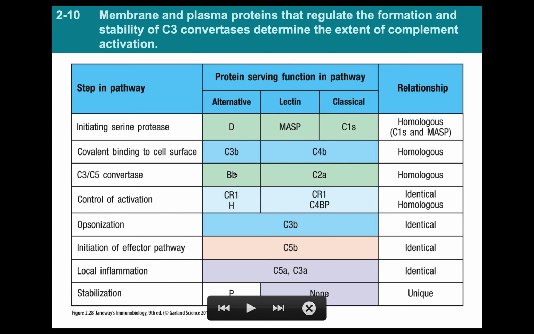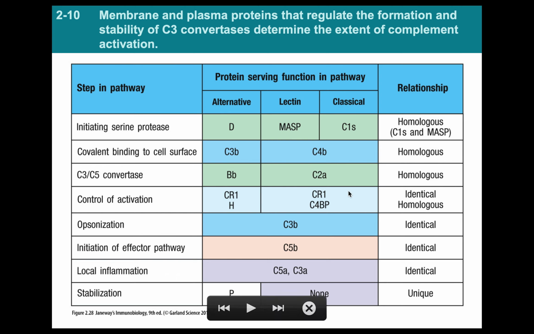The convertase is then going to be, we're going to bind B, which is going to be activated by D, or we're going to bind C2, which is activated by C1s or the MASP protein. And together, those are going to activate C3, which is then going to stick with these things and activate C5. And once you've activated C5, you don't go back.